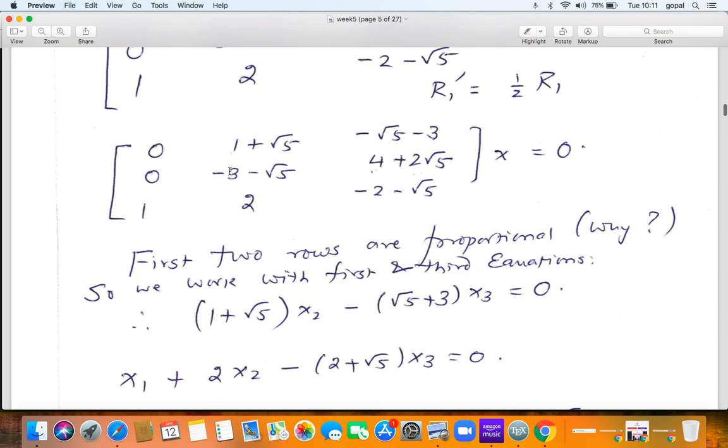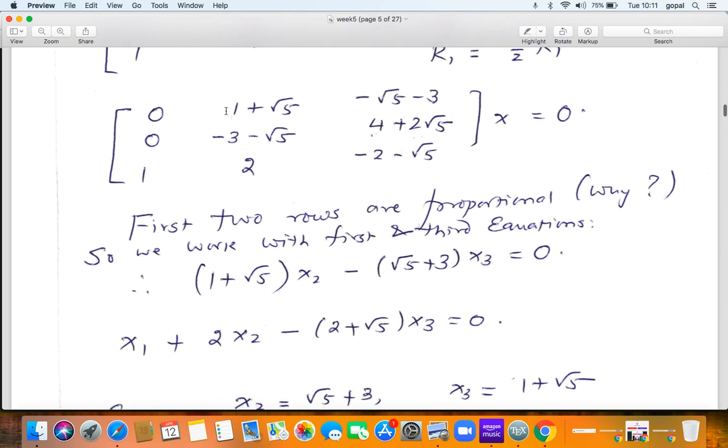That will simplify it even further: 0, 1 plus root 5, minus root 5 minus 3; 0, minus 3 minus root 5, 4 plus 2 root 5; 1, 2, minus 2 minus root 5.